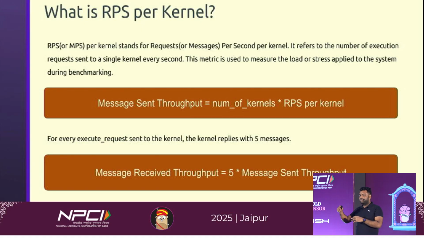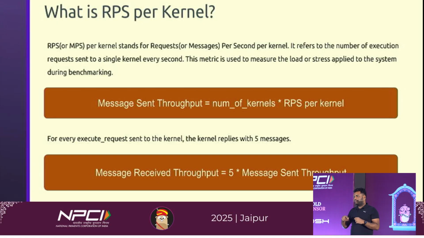This is equal to the number of kernels times requests sent per kernel. In simple terms, if I have created a session and I create 10 notebooks, and on each notebook I am sending 20 messages per second, then overall we are sending 10 notebooks into 20, which is 200 messages. So that is the message sent throughput.